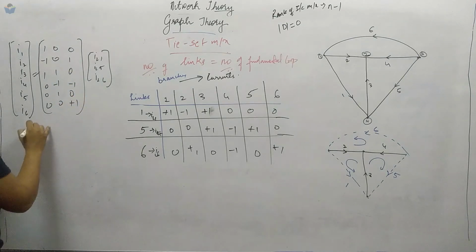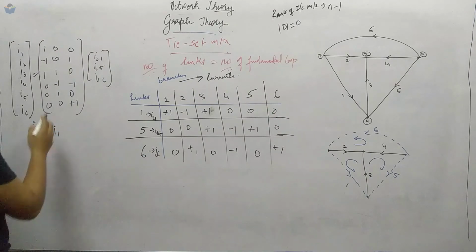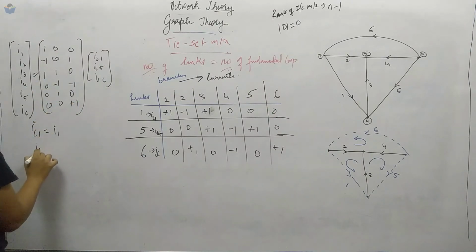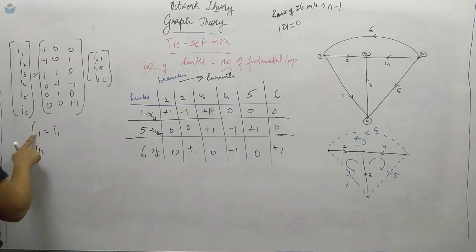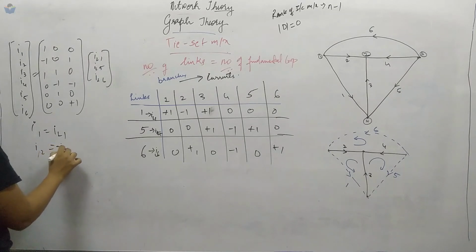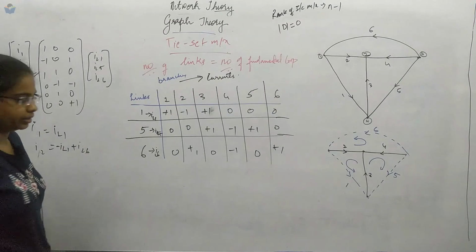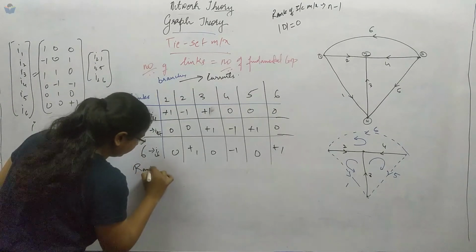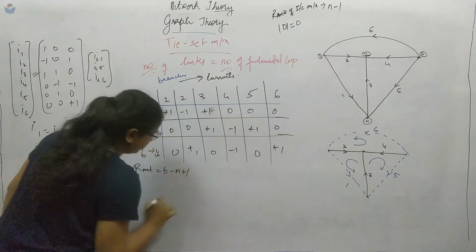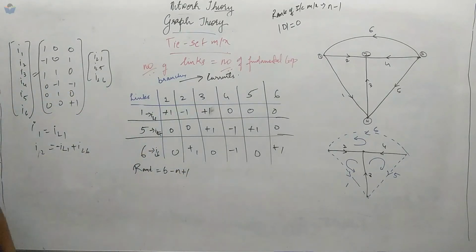So you can write IL1 equal to I1, plus everything else is 0. Then I2 equal to minus IL1 plus IL6. So you can complete this with I6. Here the rank will be B minus N plus 1. That is the rank of this Tieset matrix.